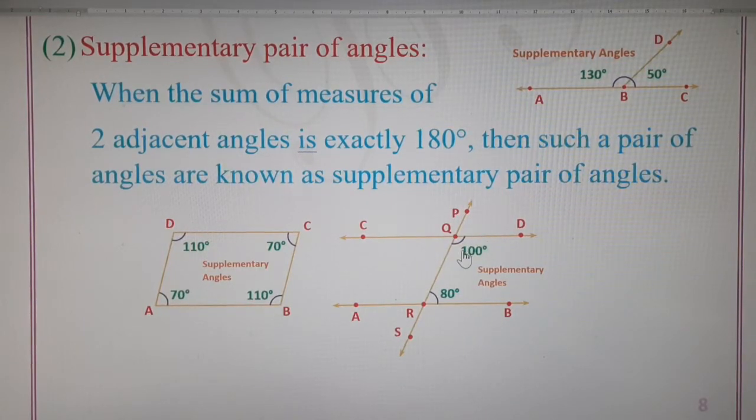So the angles found on the same side of the transversal and between the two parallel lines are known as co-interior angles, and co-interior angles are supplementary. That means the sum of measures of their angles will be 180 degree. So here DQR is 100 degree, then BRQ we can calculate and say that its measure will be 80 degree.